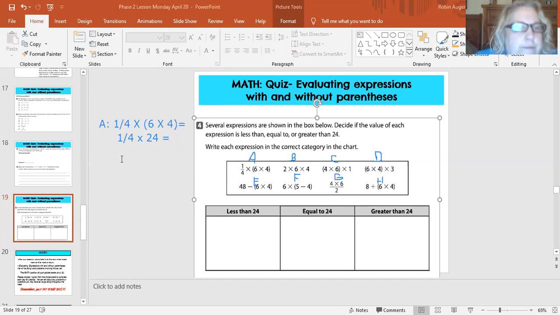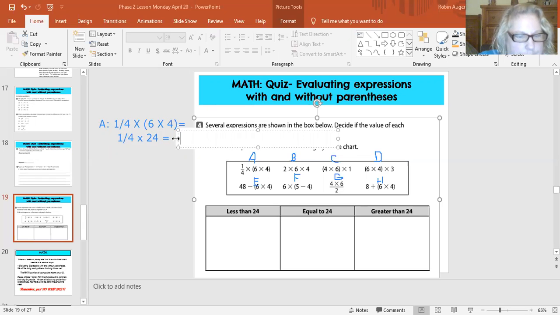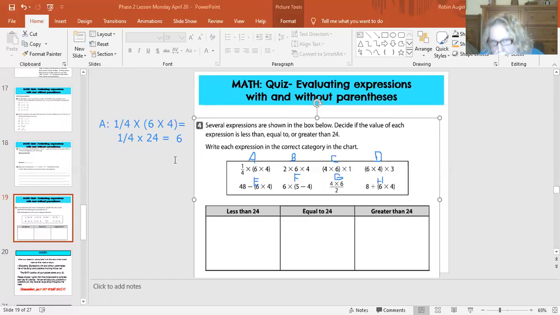And then like we said, 1/4 of 24 would mean you would get one out of the 4 groups of 24. We take 24 and divide it by 4, and you would wind up with 6, because 24 divided by 4 is 6.